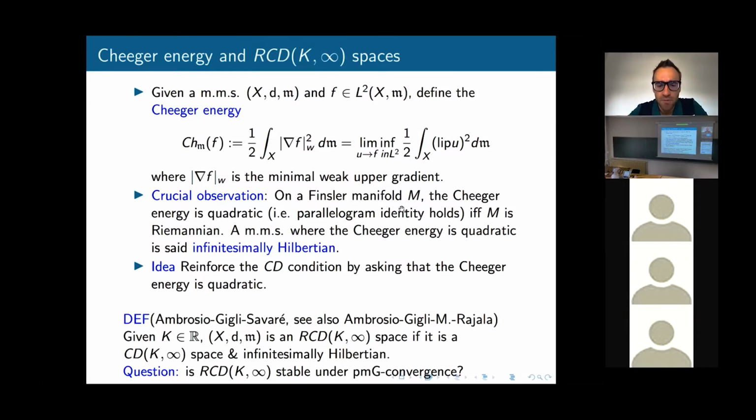A question from the chat. Is the CD(K,N) obtained as a limit of Riemannian plus Finsler with curvature bounds?